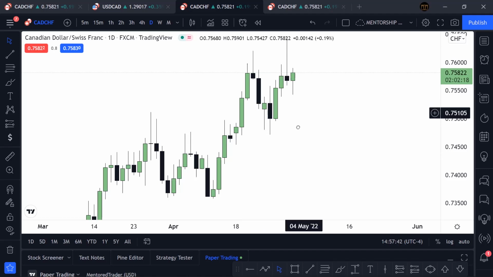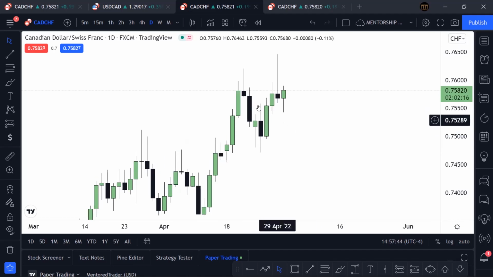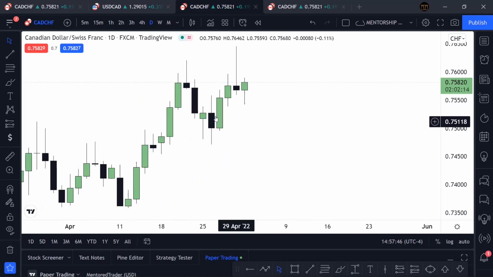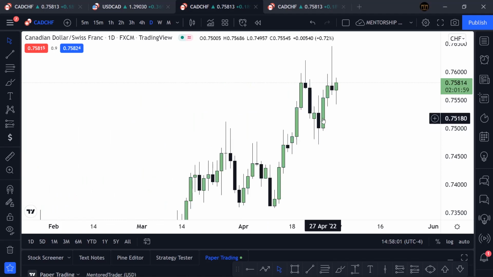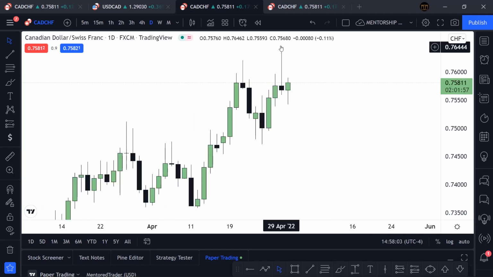Which one is a breaker? A breaker is the last sell before running above old highs. A breaker is the last sell before running above old highs.